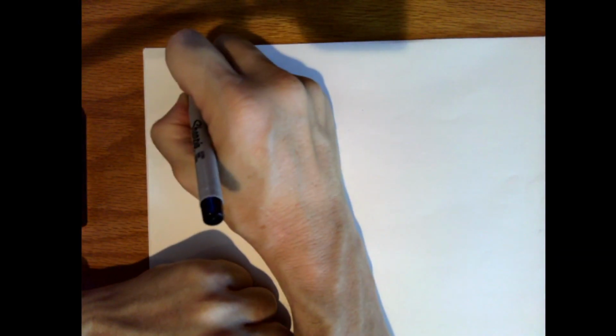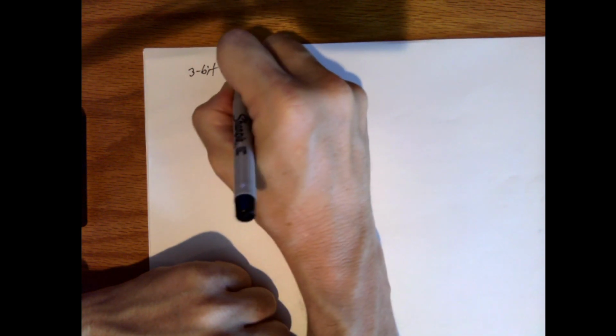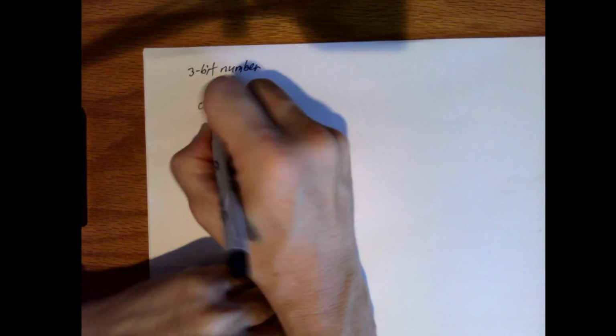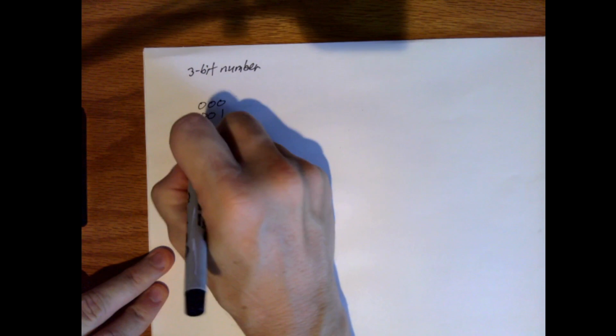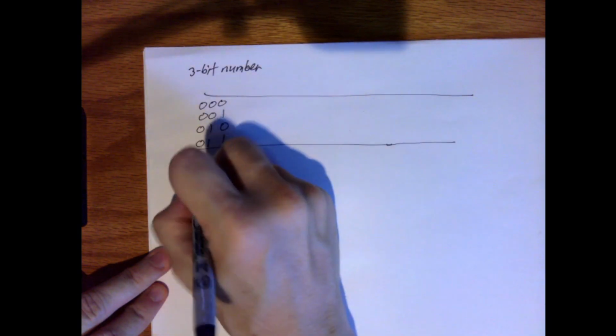So let's do, say, 3-bit numbers. So my bit patterns are 0, 0, 0, 0, 0, 1, 0, 1, 0, 0, 1, 1, 1, 0, 0, 1, 0, 1, 1, 1, 0, and 1, 1, 1.